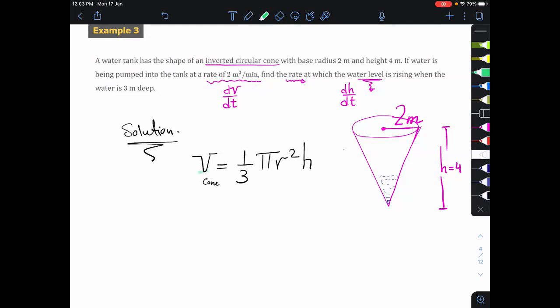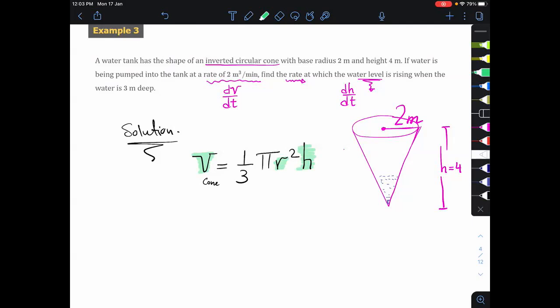We have 3 variables: the V, the r, the h. At the beginning of the class, I said we should check first. So you have now dV over dt and dr over dt and dh over dt and a product rule between r squared and h.